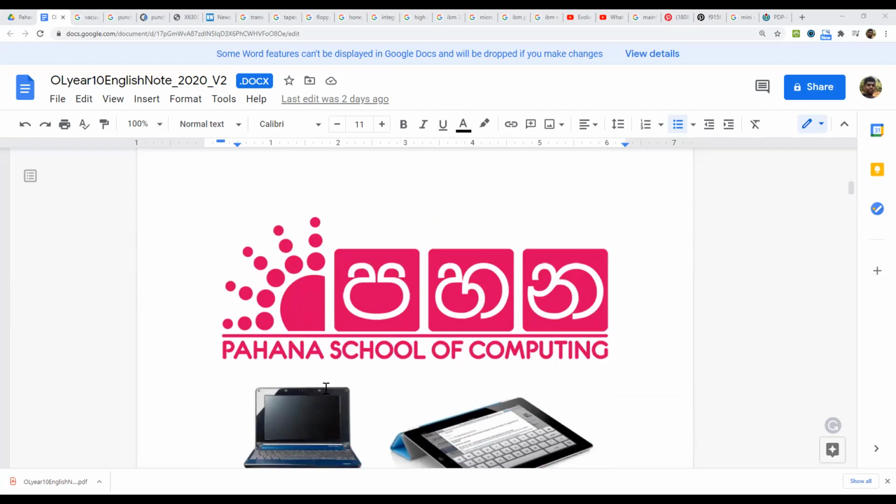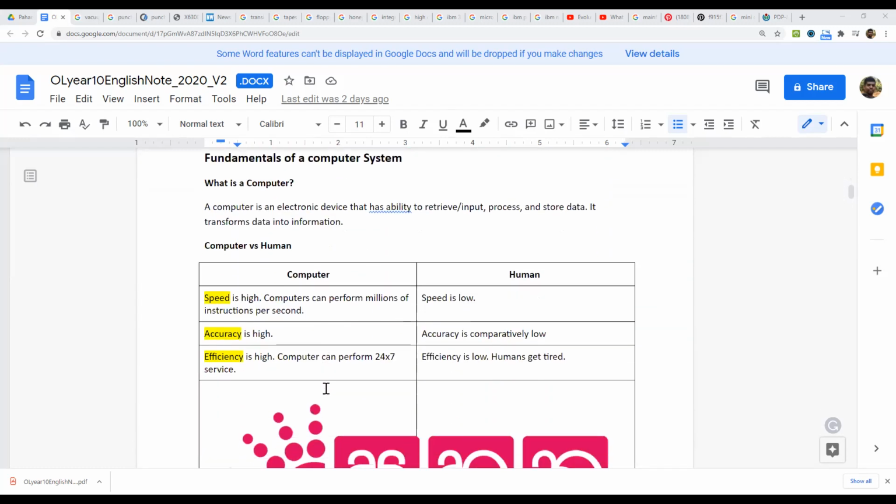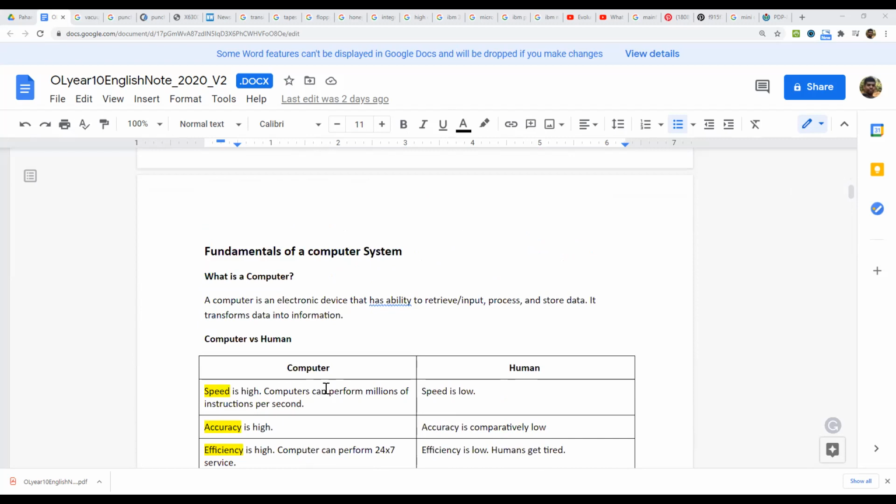Before we move on to the next one, I would like to ask a couple of things. Bhagya and Dulina, can you tell me what are the ways we have discussed of classifying computers? Based on its size. Yes, Dulina said based on size. Bhagya?